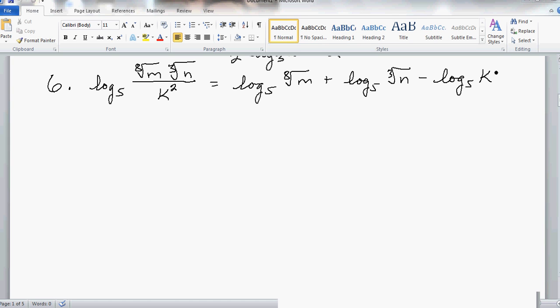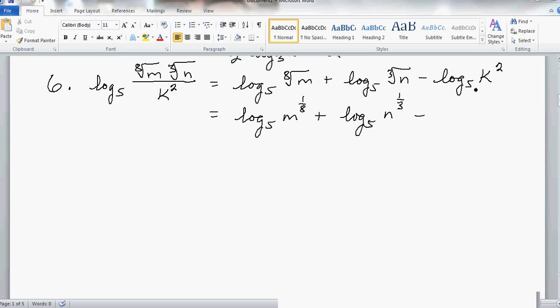of k squared. Okay, in this one, the 8th root of m is m to the 1/8 power. Cubed root of n would be n to the 1/3 power.